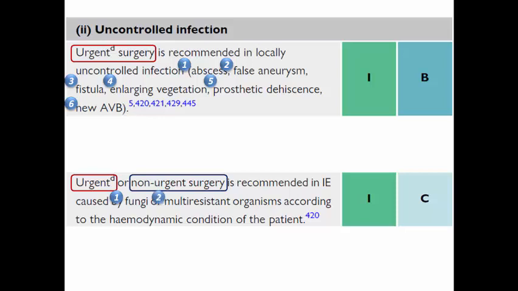So the endocarditis team would decide according to the status of the patient whether the surgery is urgent, to be done within a few days, or we can wait but before hospital discharge according to the clinical improvement of the patient.